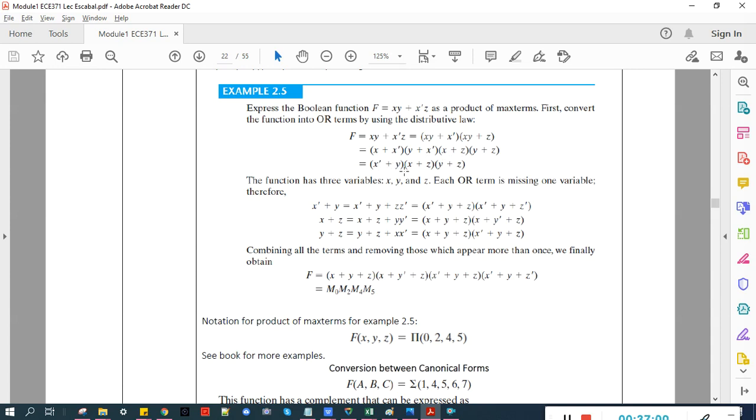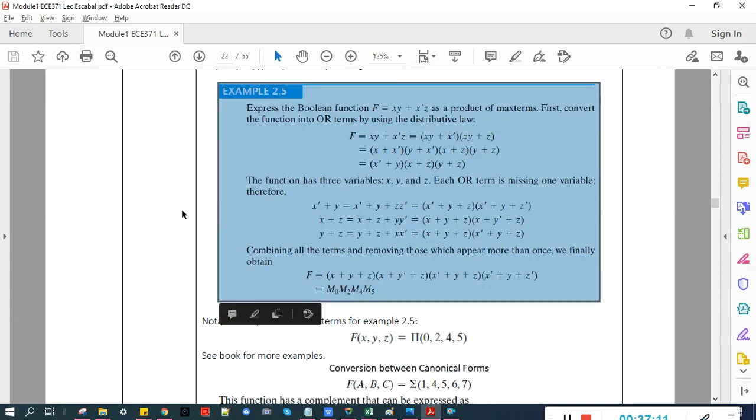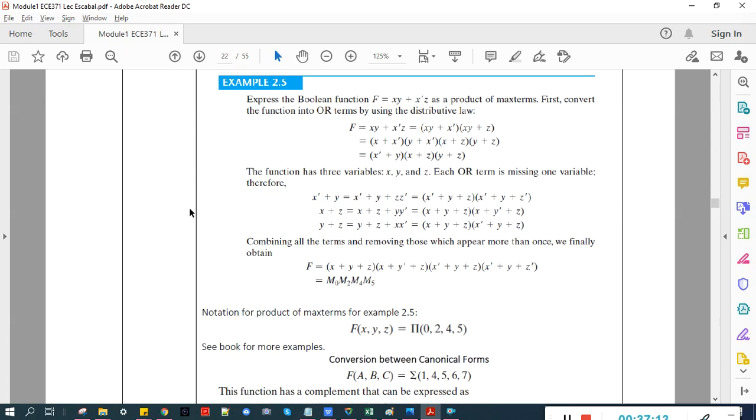Or is it? Not yet, because there are only 2 variables for each. We need 3 variables that are ORed. The function is 3 variables x, y, z. Each OR term is missing 1 variable, so let's expand further.